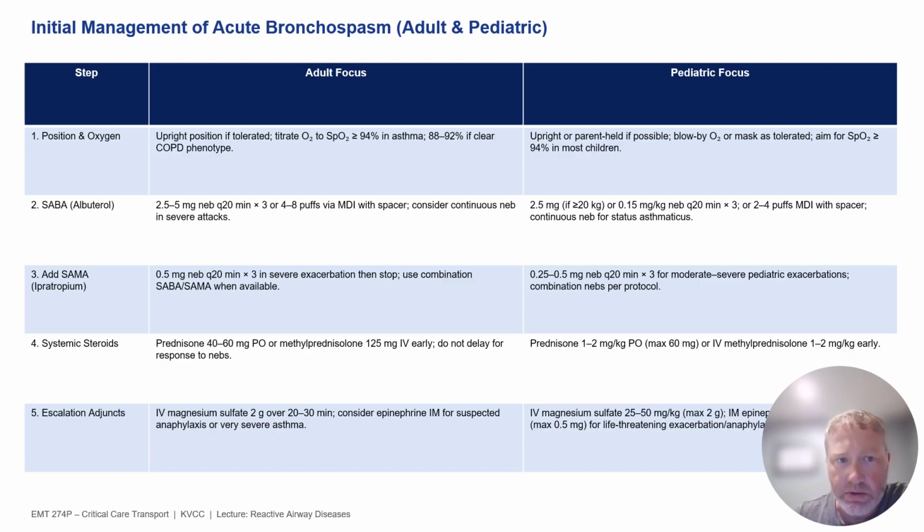For moderate to severe exacerbations, add ipratropium, Atrovent, so DuoNeb, to the albuterol in the first hour. After the first 3 doses, though, the benefit of continued Atrovent use is much less clear. So it's okay to double them up with DuoNeb for the first three treatments, every 20 minutes times 3 for the first hour.